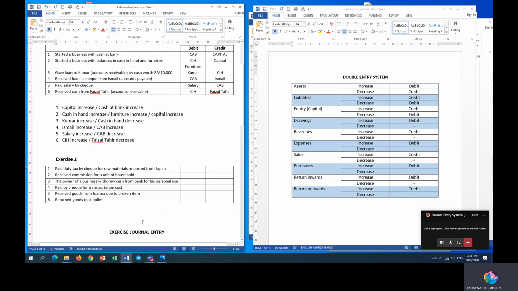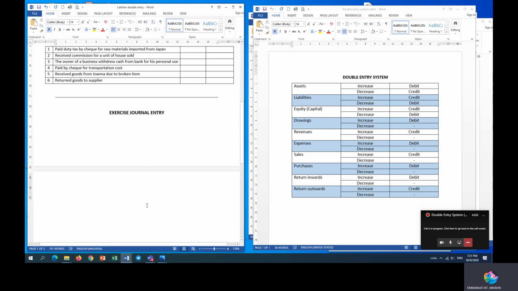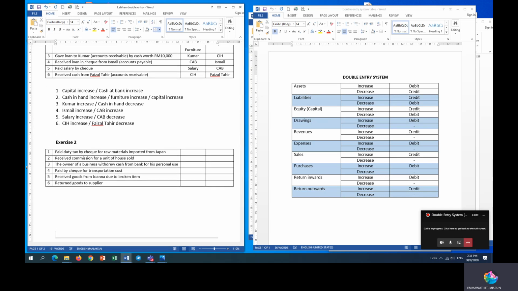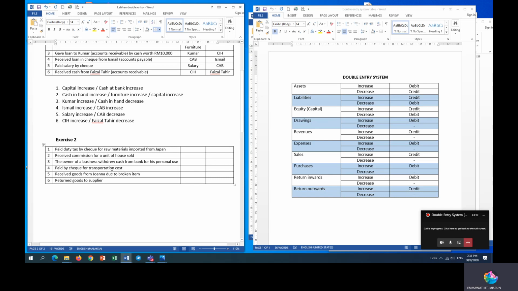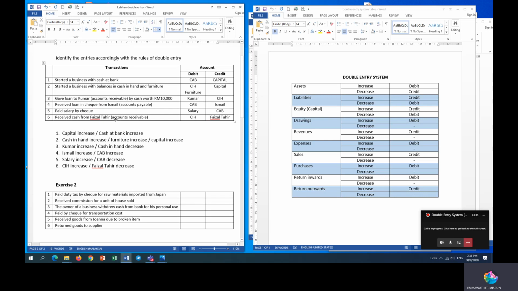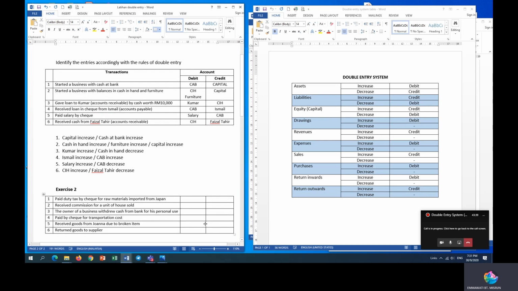Boleh salin dia punya soalan. Yang ni saya punya error. Saya termasuk pula kat sini. Okay, bahagian ni error saya. So why don't you use this exercise to apply back what we have already discussed in our first exercise and complete the table.